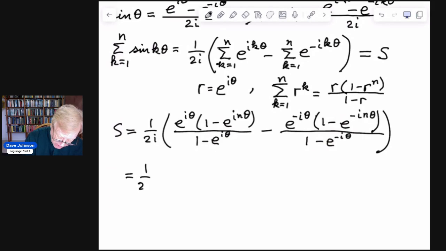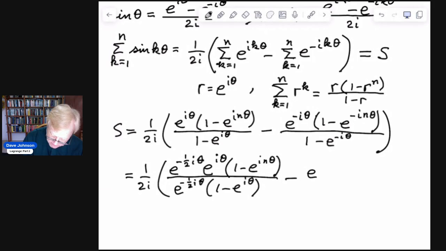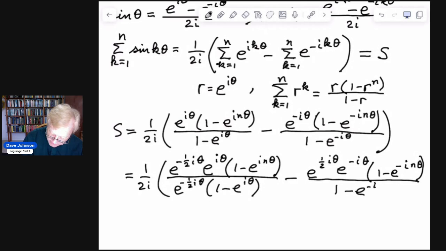So equals 1 over 2i, and then e to the negative 1/2 i theta times e to the i theta times 1 minus e to the i n theta, divided by, and then downstairs, e to the negative 1/2 i theta times 1 minus e to the i theta, minus, and then upstairs, e to the positive 1/2 i theta times e to the negative i theta times 1 minus e to the negative i n theta, all divided by 1 minus e to the negative i theta.